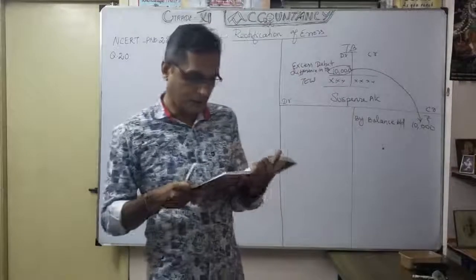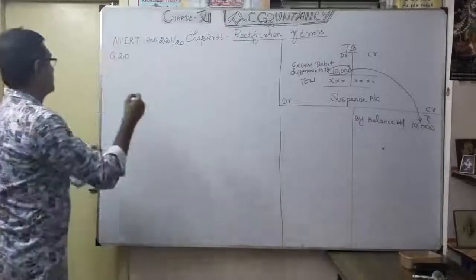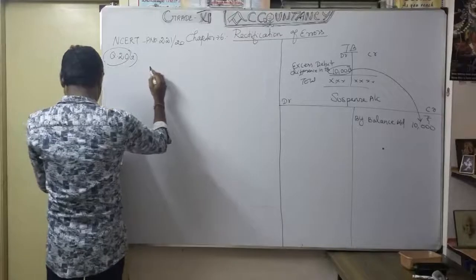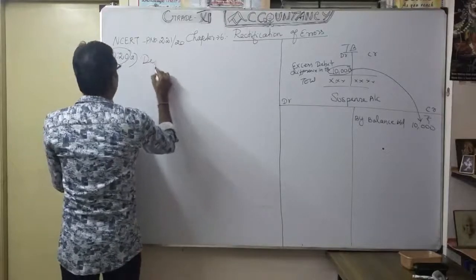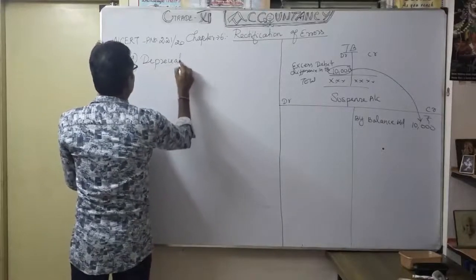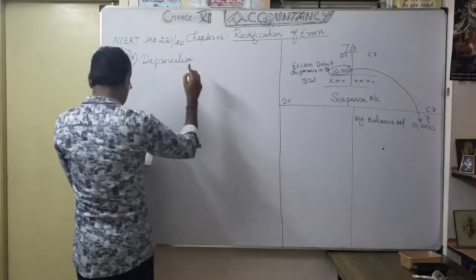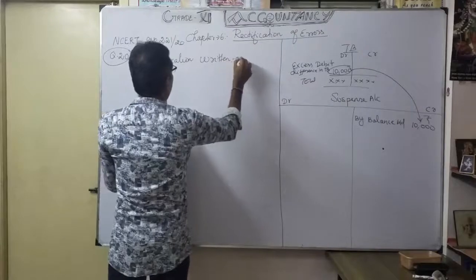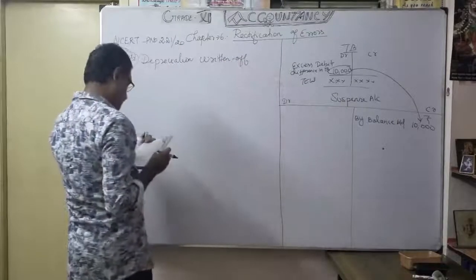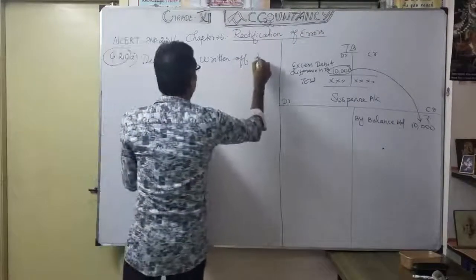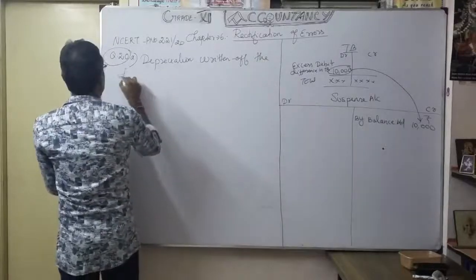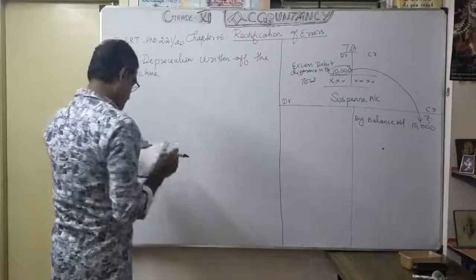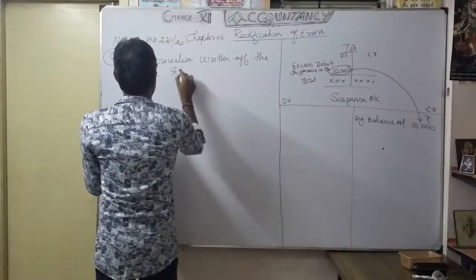One by one we're going to write. So what are the first errors? When we start question number 1, what did they give? Depreciation written off the furniture, rupees 6,000.